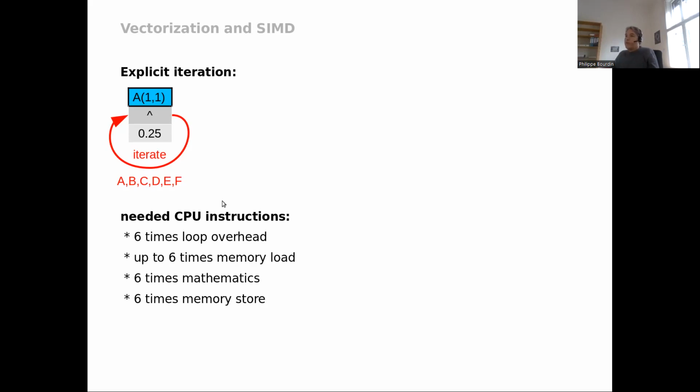So for a regular CPU, that means you have to execute the actual loop 6 times. So you have the loop overhead 6 times. Then you have up to, depends, 6 times to load data from the memory, you have six times the actual mathematical operation, and then you have 6 times storage instruction to execute, to write the result back.